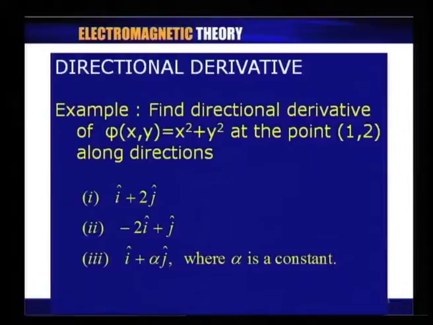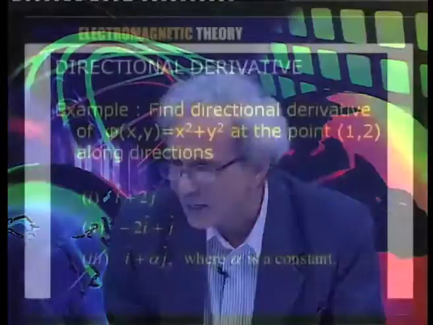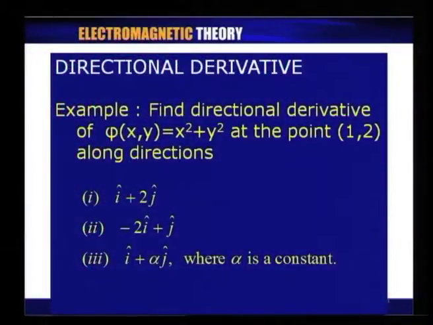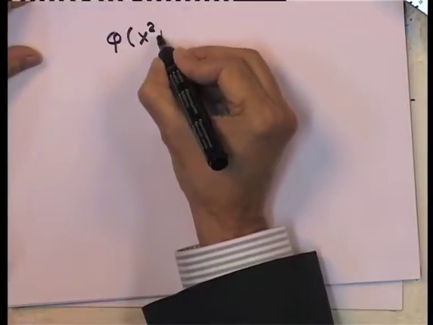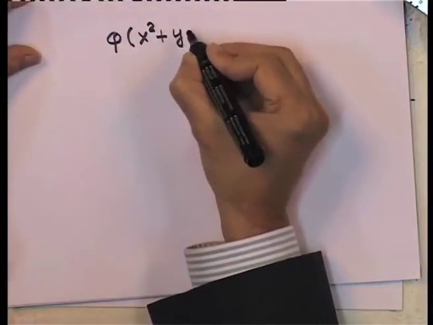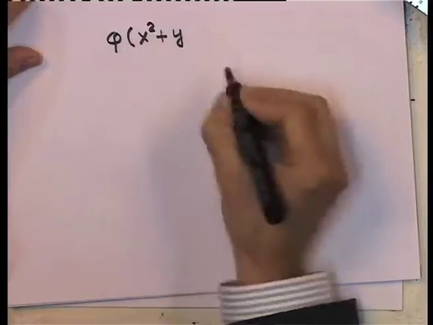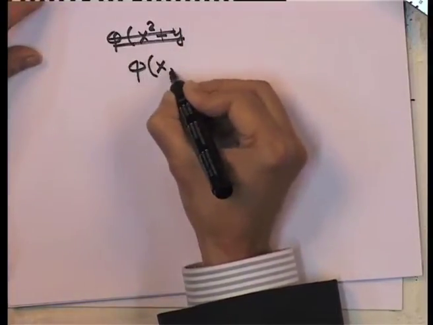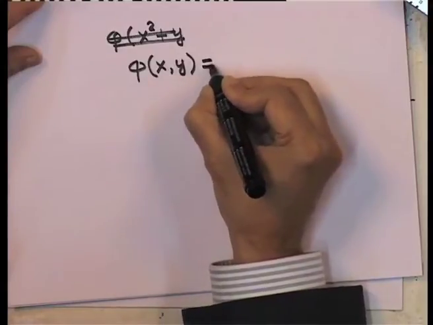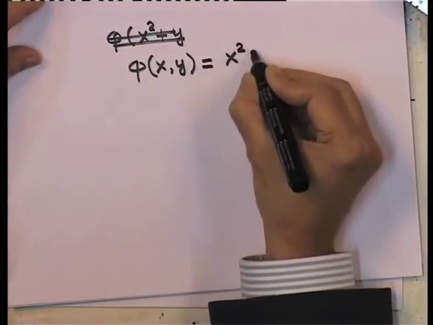Now, I am going to illustrate the calculation of the directional derivative by taking a specific function phi. I will take it in 2 dimensions for convenience. You could repeat it in 3 dimensions. So, phi of x y equals x square plus y square.